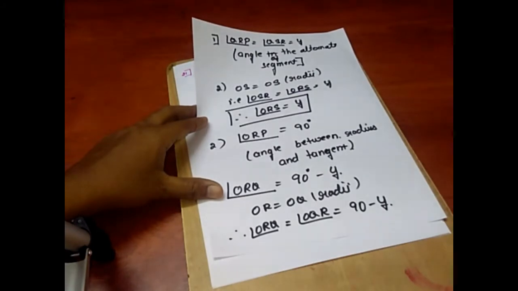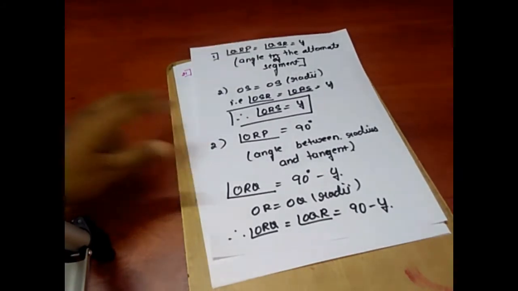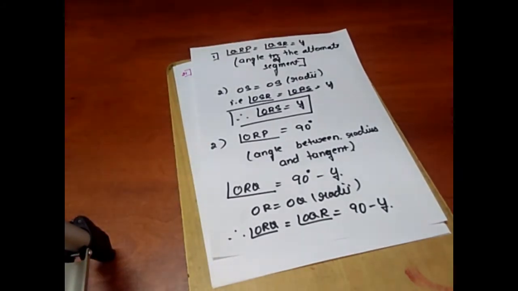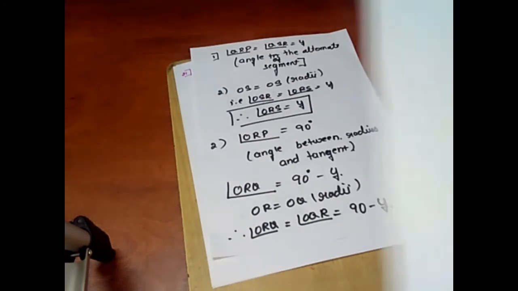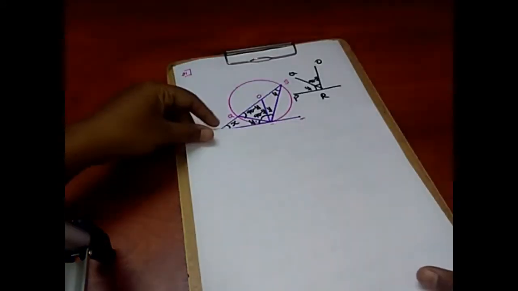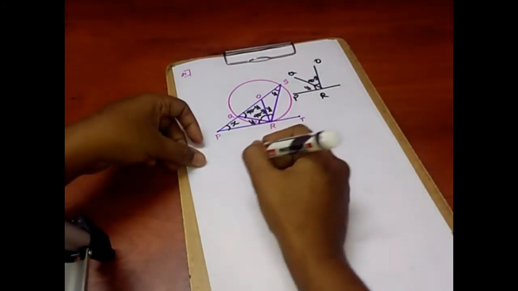Now, if you observe the triangle PQR, here angle P is marked as X. Let us consider the diagram separately.